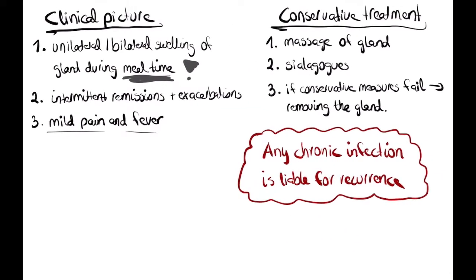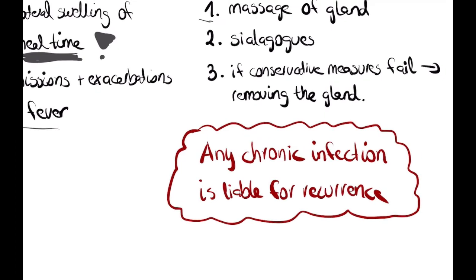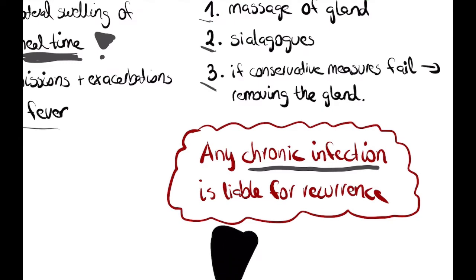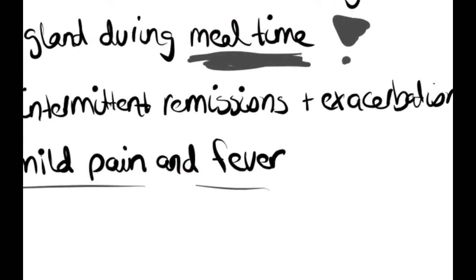The conservative treatment is to massage the gland and give saliva substitutes, and if the conservative treatment fails, you remove the gland. Any chronic infection is liable to recurrence. This is really important and can be asked in the exam.